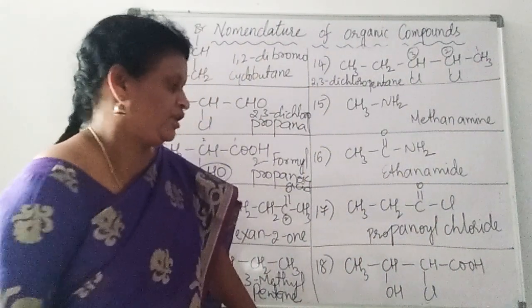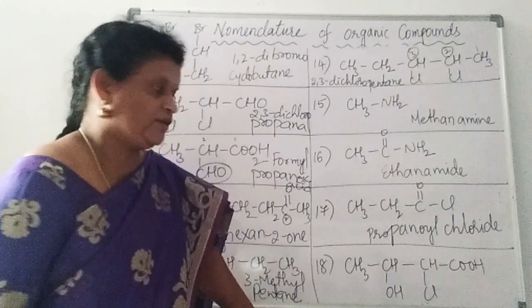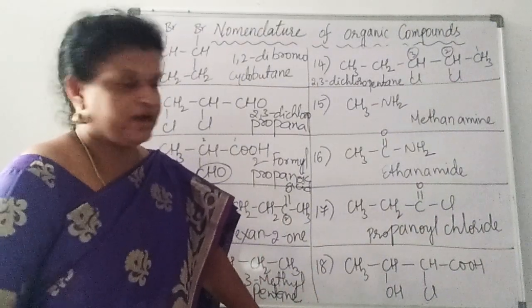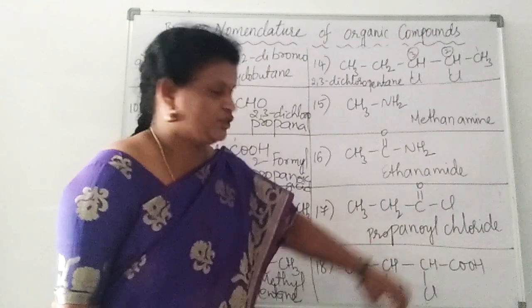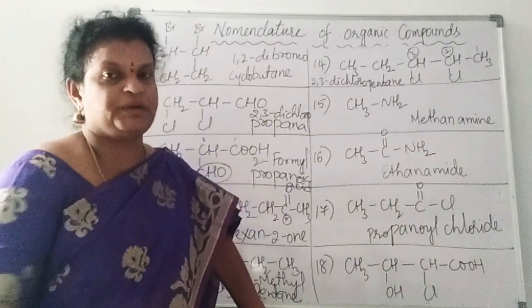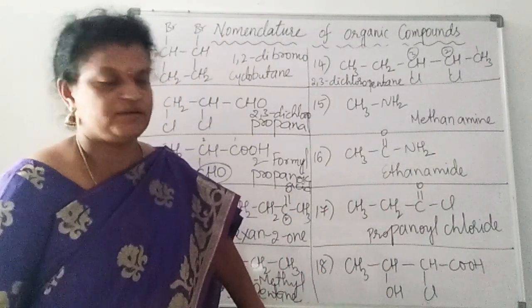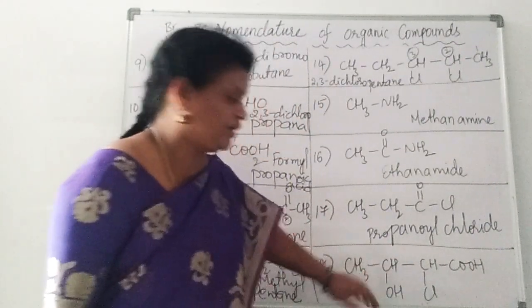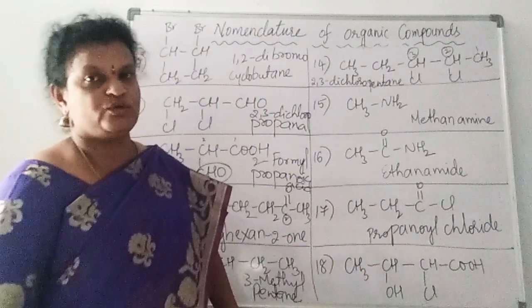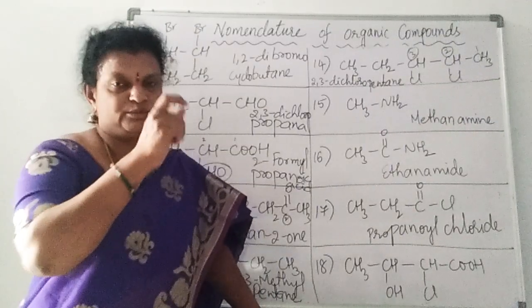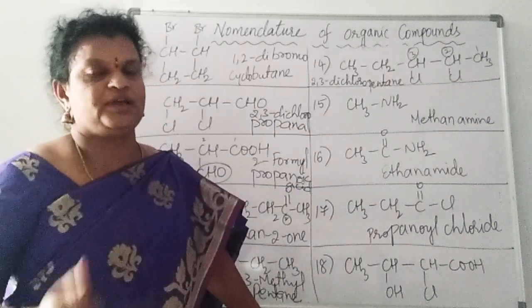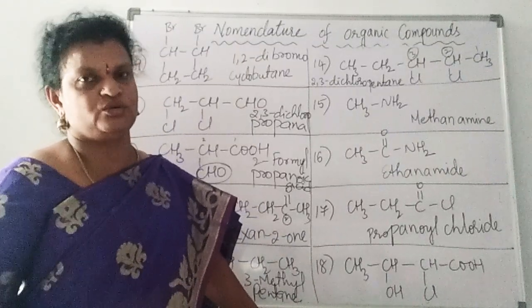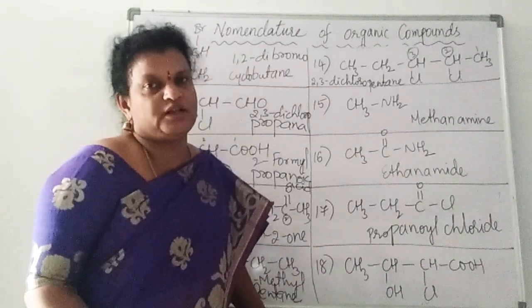So what is the name we are going to write? First of all, identify the number of carbons. 4 carbons are there, but, and in that, the acid group is given more priority, so butanoic acid. Next, on the second carbon we have chlorine, and on the third carbon we have hydroxy. Here we have to write the substituent names in alphabetical order. So chloro hydroxy, in these two, which will be written first alphabetically?